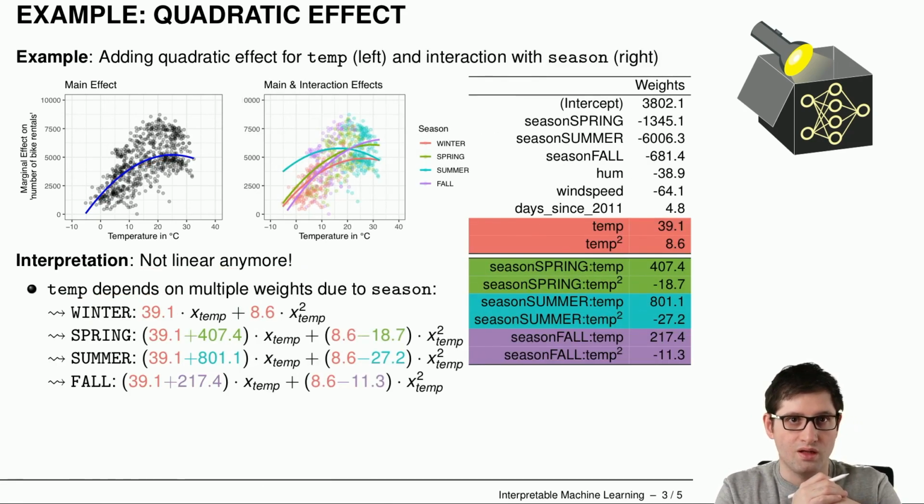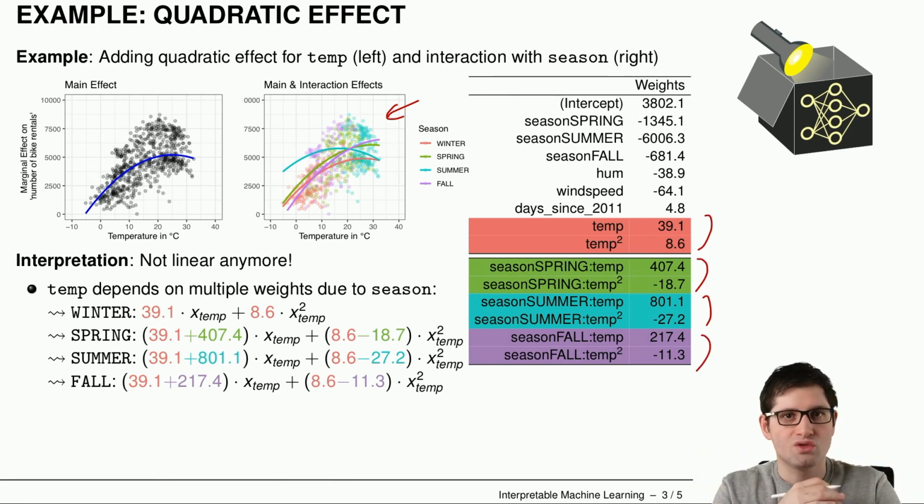So if we now combine quadratic effects and interaction effects, this allows us to estimate completely different quadratic functions depending on the season, basically. It's basically the same as in the linear case. Here, however, we have many more coefficients that were estimated.